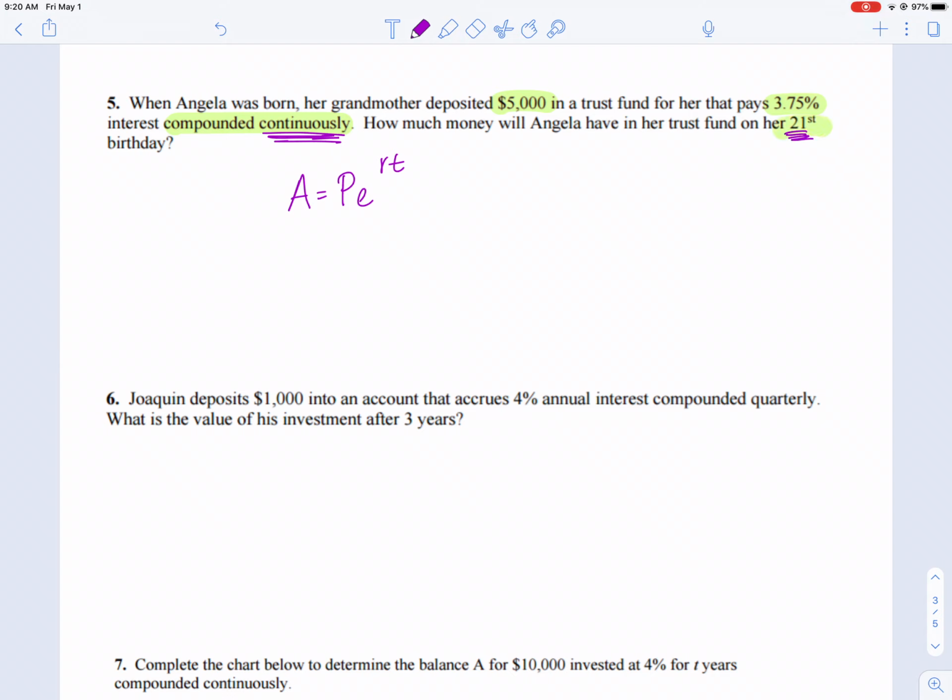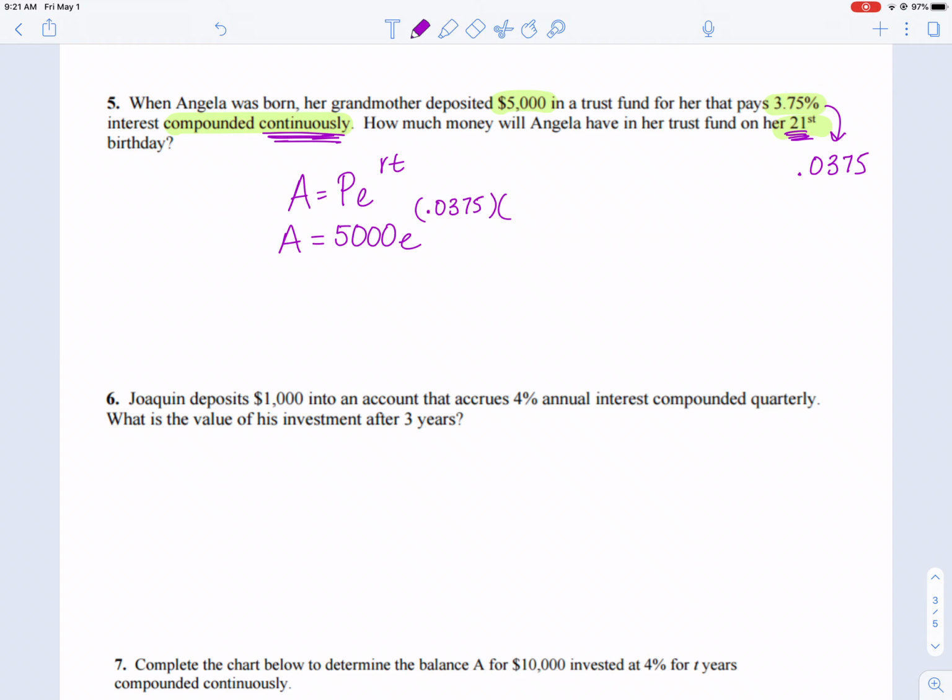Okay, so we want to know how much money she is going to have. $5,000 times e to a rate of, remember, 3.75, move it over 2 to the left, 0.0375 is going to be your rate. 0.0375 is in your exponent times, well, how many years?